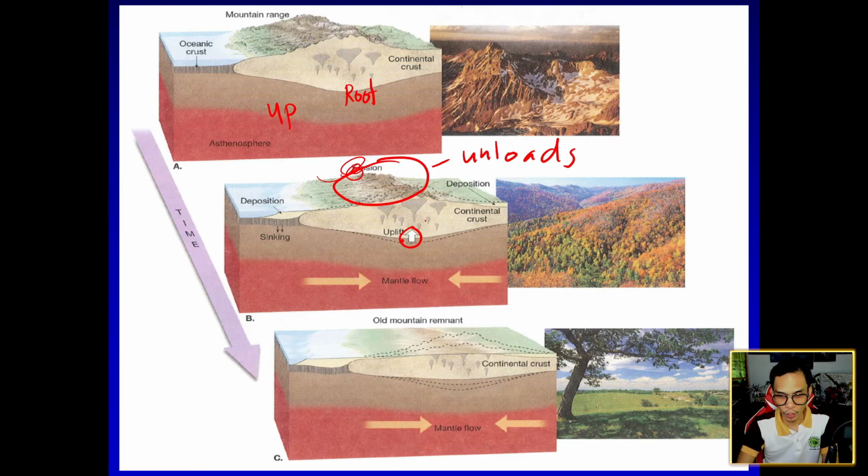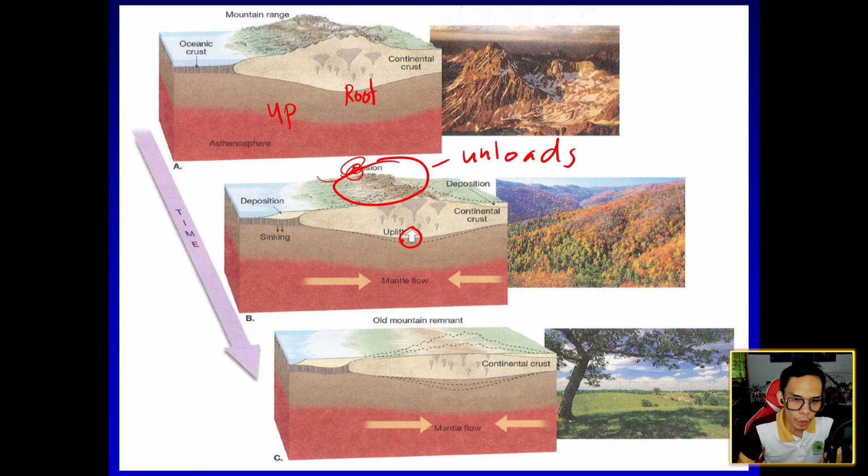So it will go up just like what we had in the previous experiment. As I unload the beans in the bowl, the buoyant force is exerted on the bowl, and the bowl will go back to its original position.